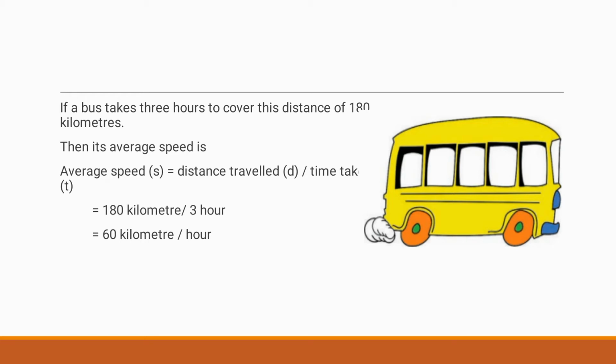Apply the value in the formula. Distance by time equal to 180 km by 3 hours. So we can divide 180 by 3, that gives 60. So unit is kilometer per hour. So the speed of the bus is 60 km per hour.